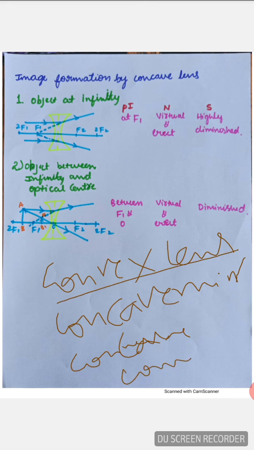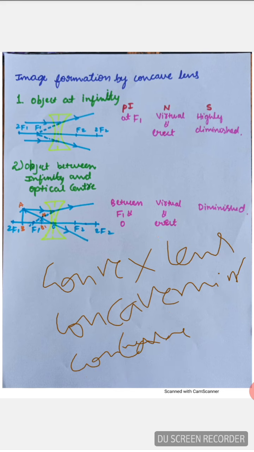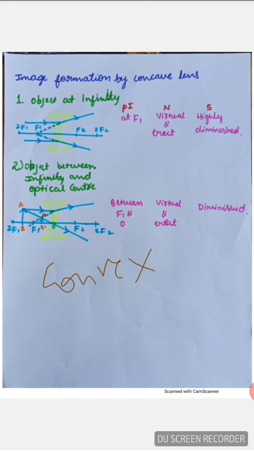So concave lens ray diagram and convex mirror ray diagram, position of image, nature and size are almost the same. So if you remember convex lens and concave mirror, or if you remember convex mirror and concave lens, you can easily solve different kinds of problems, and you can easily say the nature, position of image and size.